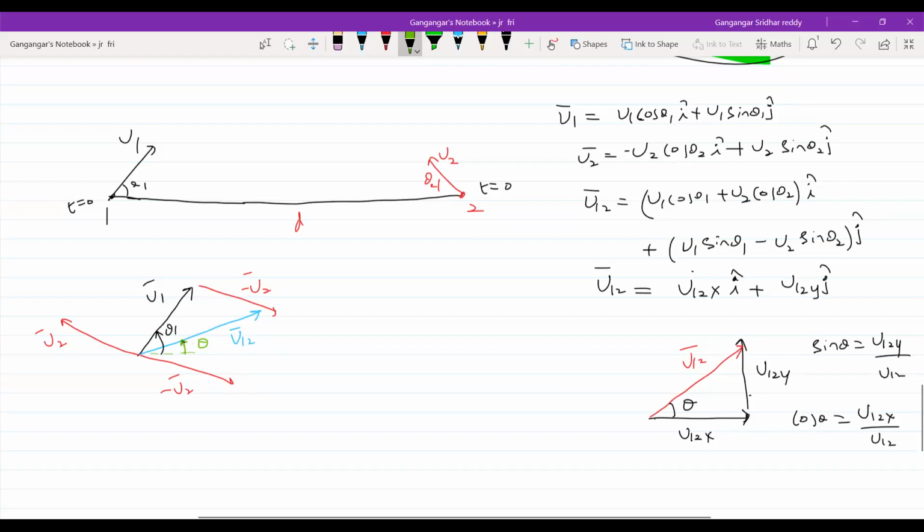So here, 1 will move with a velocity u12. And what I do, I'll keep 2 at rest.